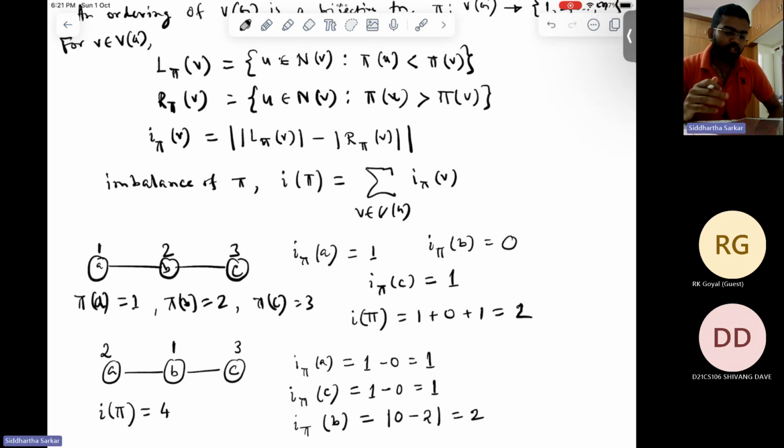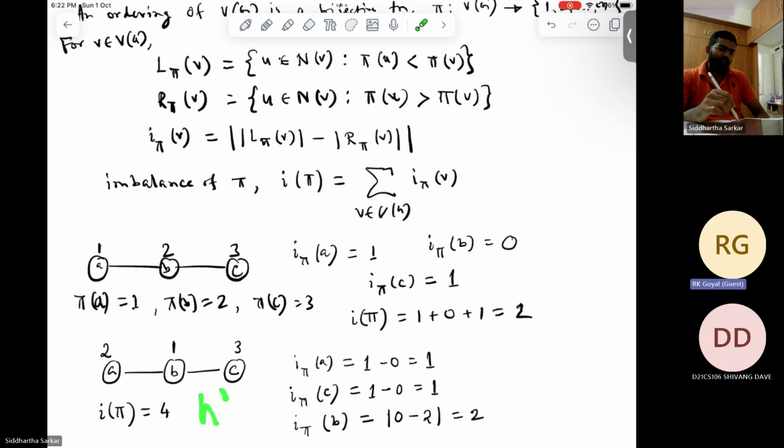So it turns out that two different labelings may lead to different imbalances. Our objective is to find the labeling such that the imbalance is minimized. Now, how many labelings are there for an n vertex graph? There could be n factorial possible labelings.